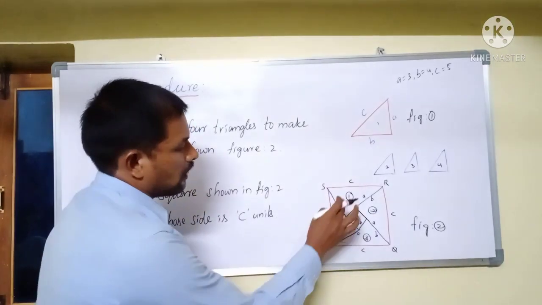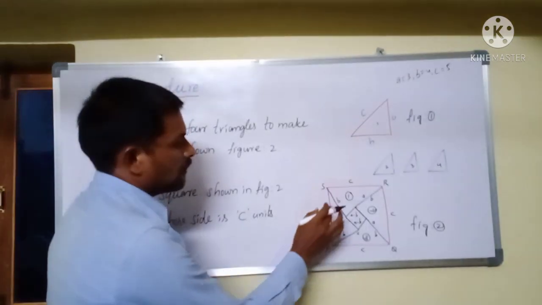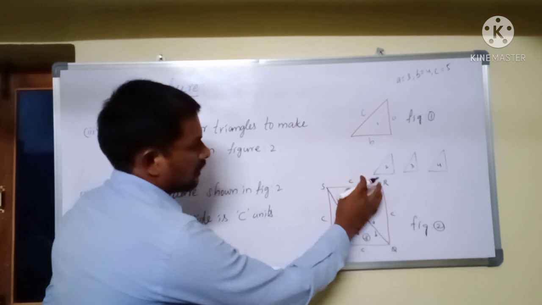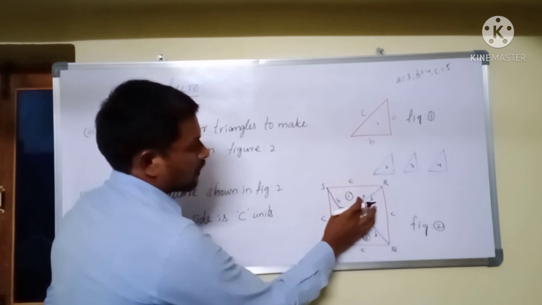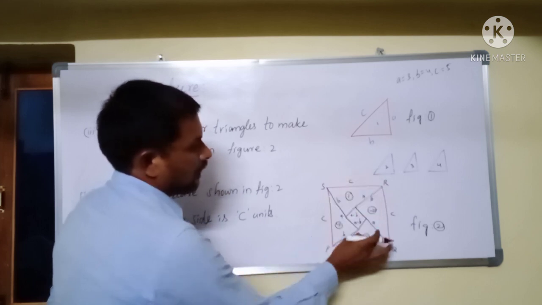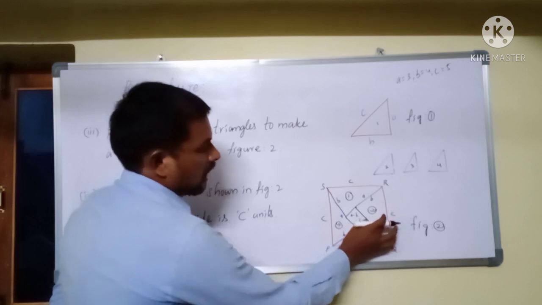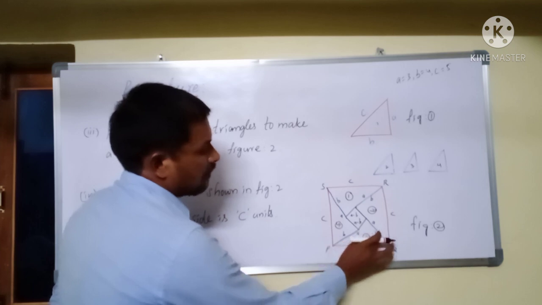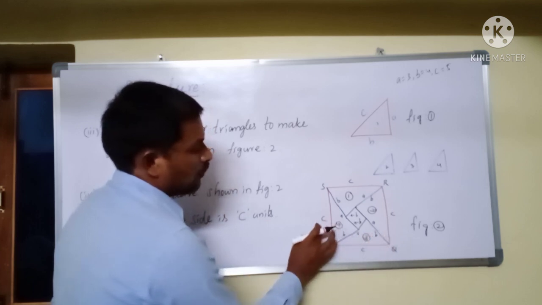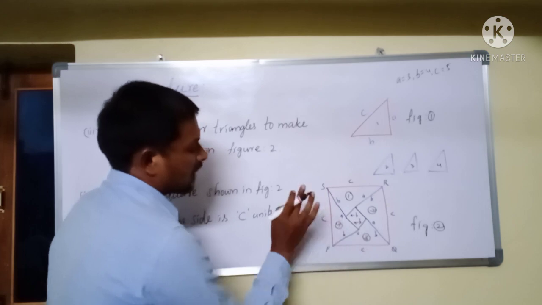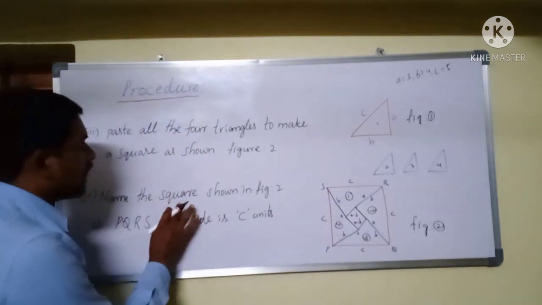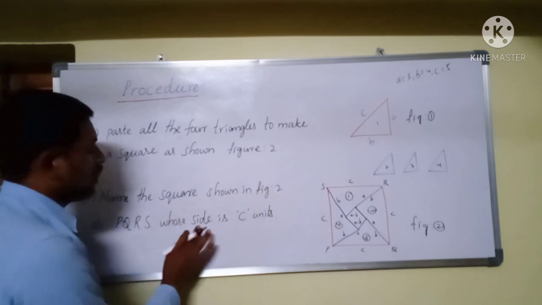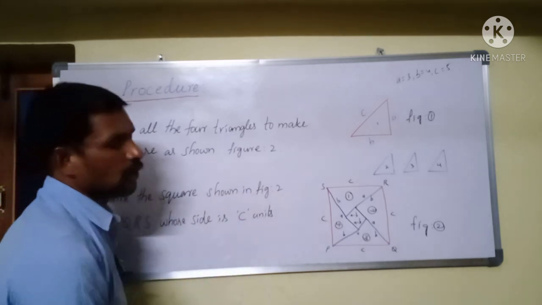If you observe the first right angle triangle, here are C, A and B: side A, side B, side C. Coming to the second, side A, side B, side C. Coming to the third, side A, side B, side C. Coming to the fourth, side A, side B, side C. So name the square shown in figure 2 as PQRS whose side is C units.